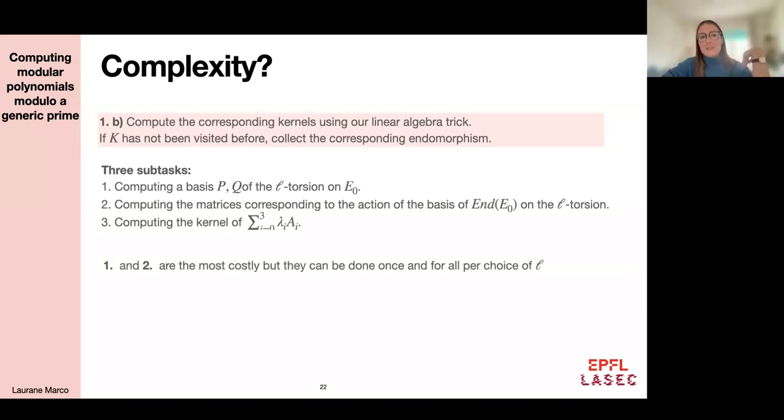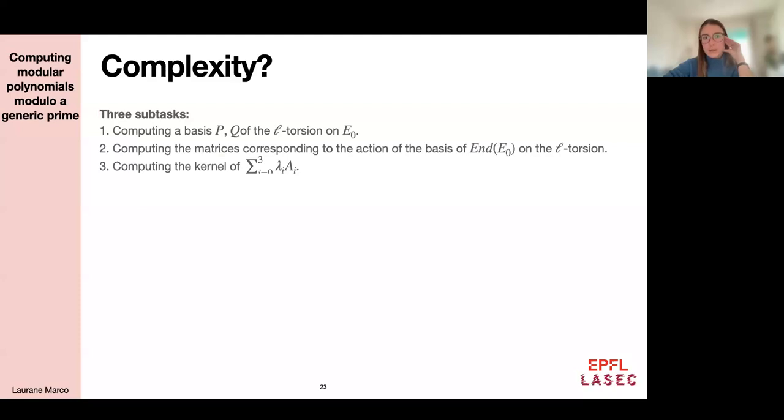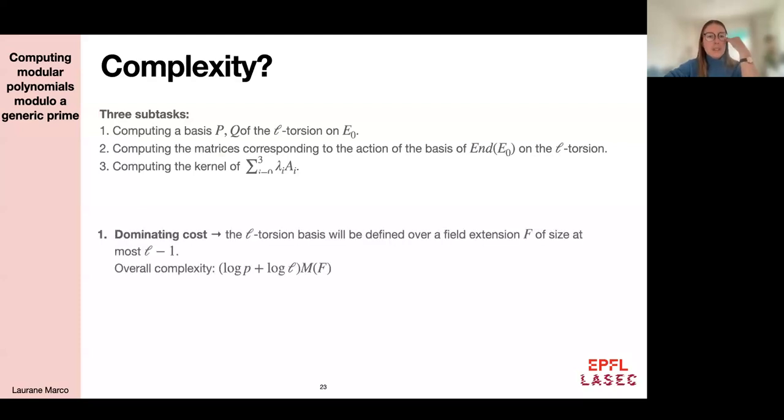The first two tasks are the most costly, especially the first one. But the idea is that you can do it once and for all per choice of L, and you don't need to redo the work every time you have a new endomorphism. So the dominating cost is really the first step.